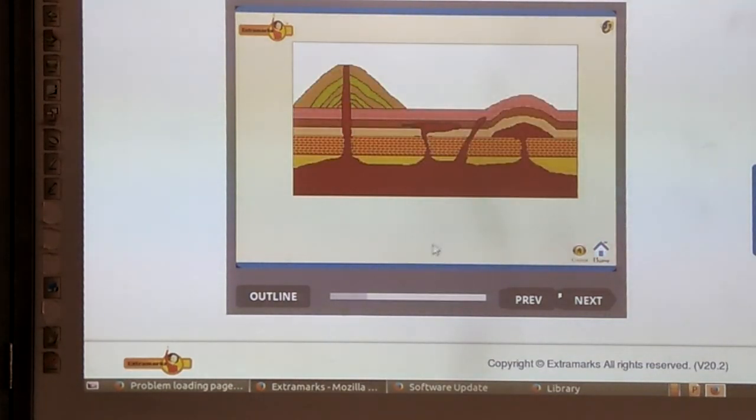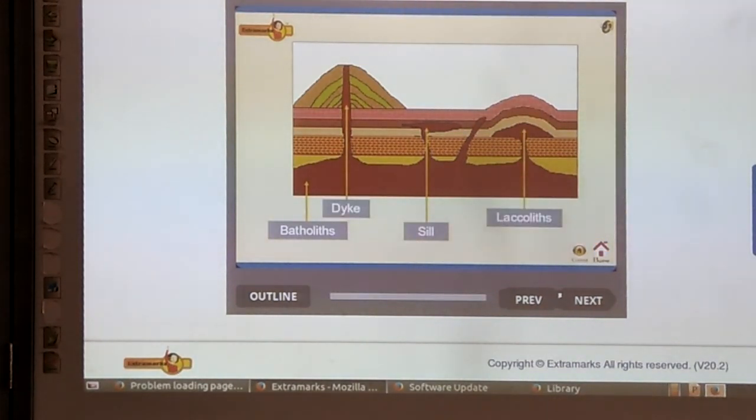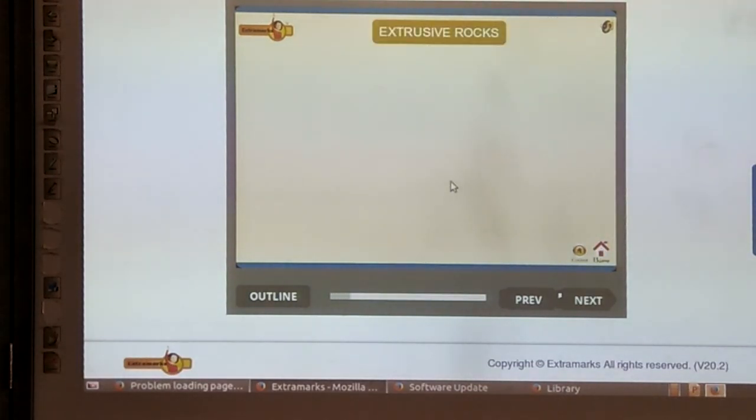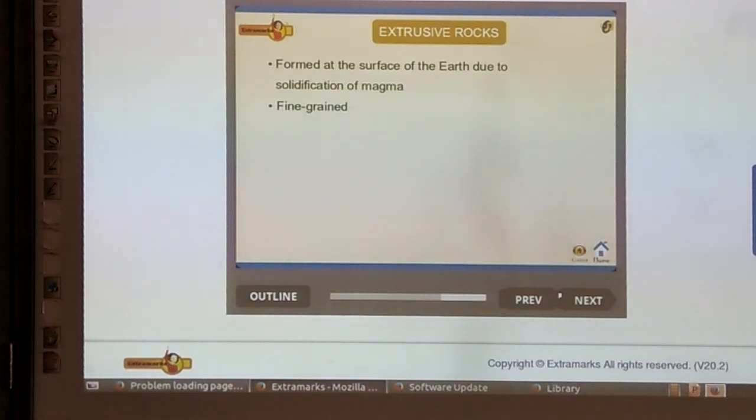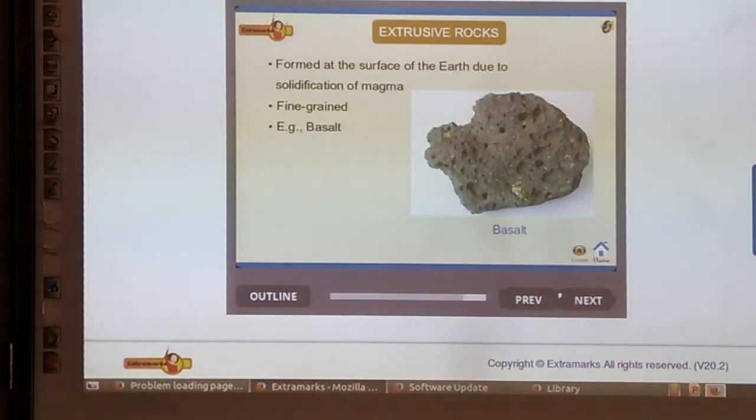Let us have a look at the locations of batholith, dike, sill, and laccoliths. Extrusive rocks. These are formed at the surface of the Earth due to the solidification of magma. It is fine-grained. Examples are basalt. Landform formation: ash cone, lava flows, pyroclastic ash.